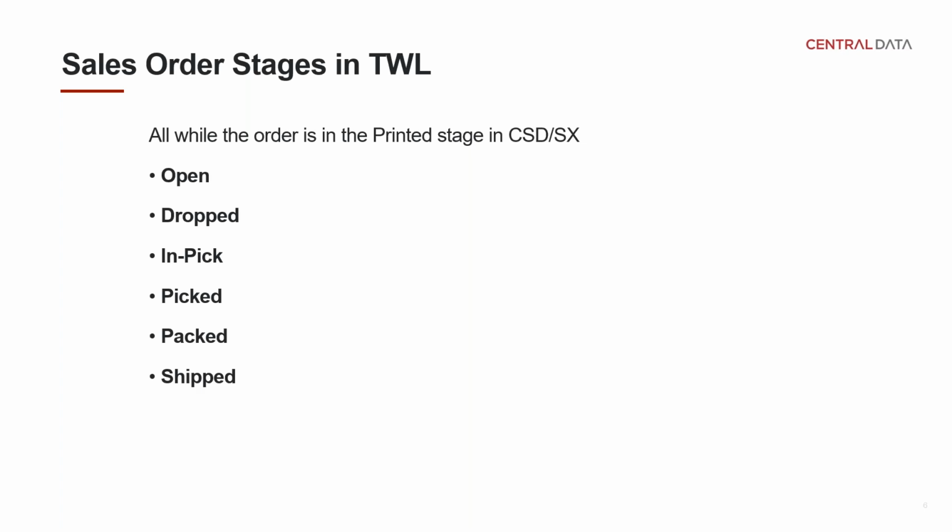All the while, it's going to go through 6 stages in TWL, all the while it's in a printed stage. So first of all, it's going to hit TWL. It's just called open. There's no wave. It's not assigned. Then it's going to be assigned or dropped to a wave. And then it's called assign. And as soon as I start picking it, it'll go to in pick.